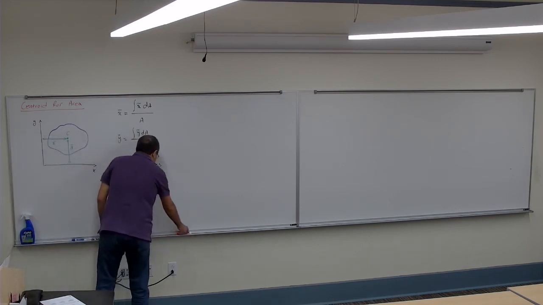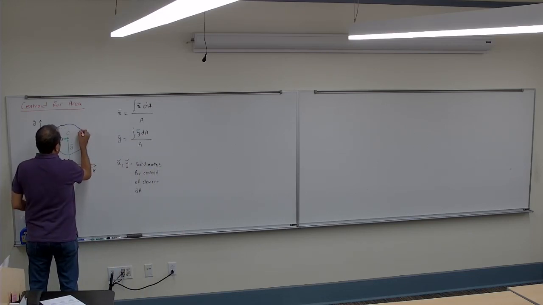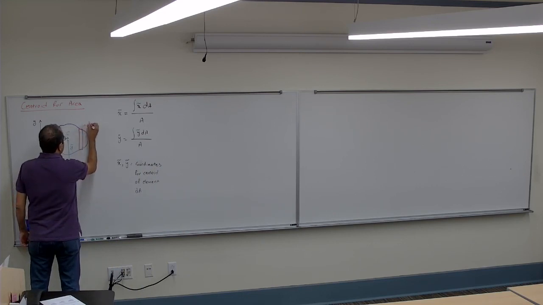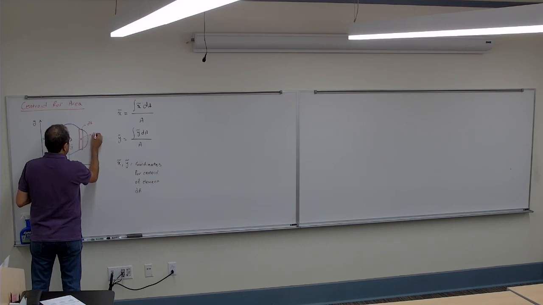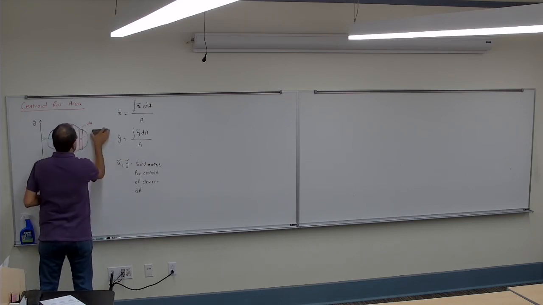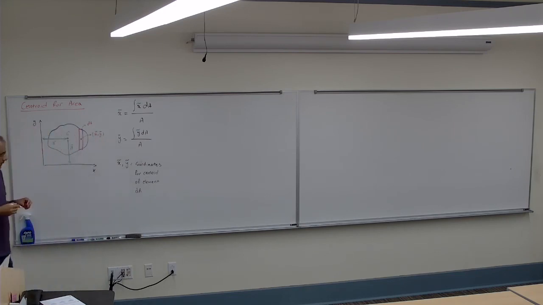In other words, if I assume this here is my dA, the centroid of that element has a coordinate of x tilde and y tilde.